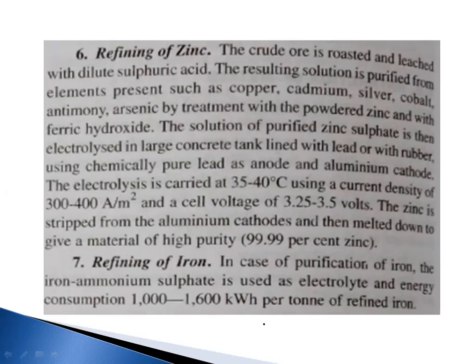Seventh, refining of iron. In case of purification, iron ammonium sulfate is used as electrolyte and the energy consumption is about 1000 to 1600 kilowatt hour per ton of the refined iron.